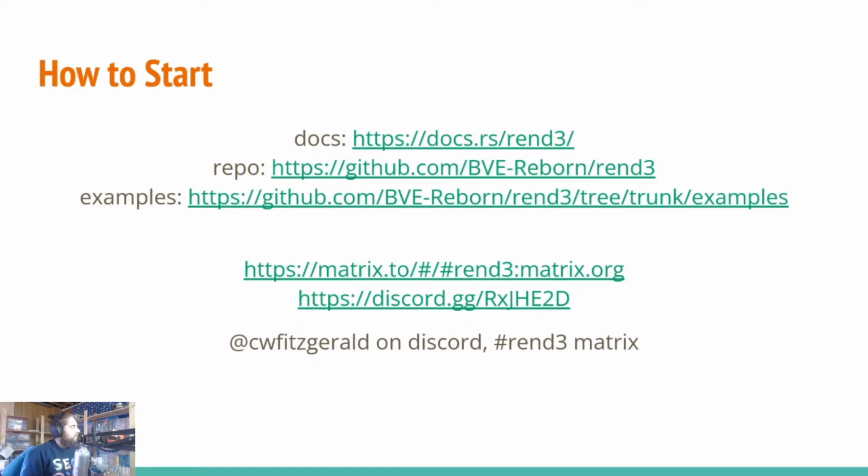I know WGPU has one. That'd be kind of cool, to see where it's being used. I think if you come in with a little bit of understanding of graphics, it's very difficult to place where Ren 3 fits in a pipeline that you might want to use. So seeing where other people are using it would be pretty nice. Yeah, totally. I also should improve the documentation, which is of course a continuous struggle.